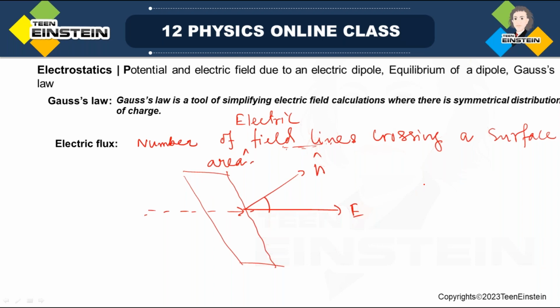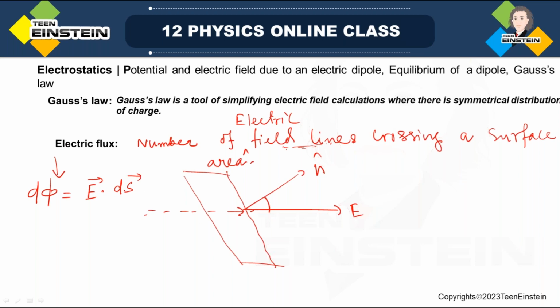Before I draw this, let me write the mathematical expression for the flux. It is denoted by phi. If I take a small area through which the electric field lines are passing, then I write d phi, and it is actually E dot ds.